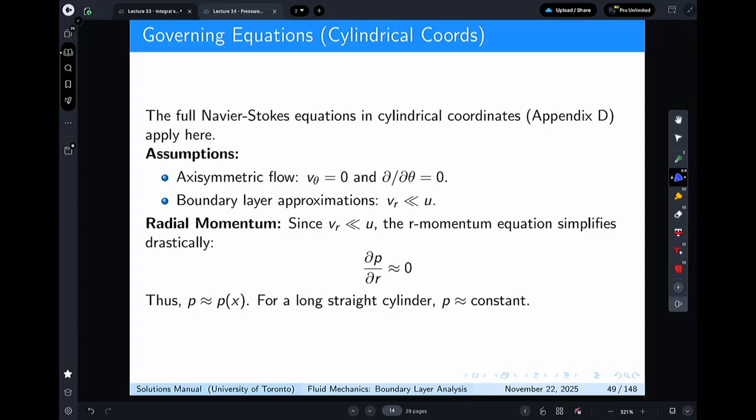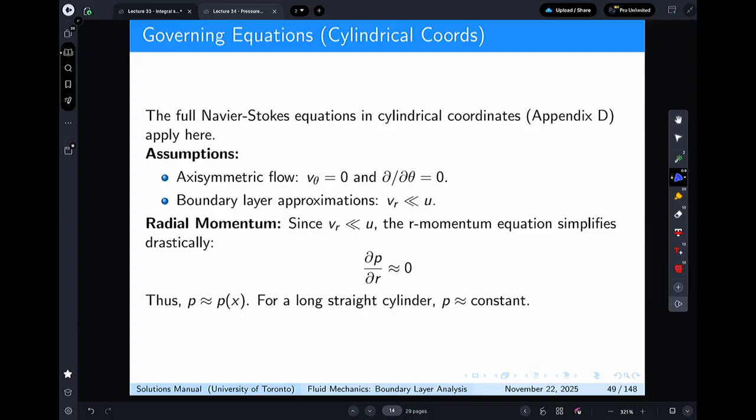R is out, and Z is going to be in that direction, streamwise. So you end up with v theta equal to 0, and del theta equal to 0. So we are going to look at only one line. We're going to take a 2D slice of this and not worry about how this is happening all around it, because we assume it's not changing as it moves around.